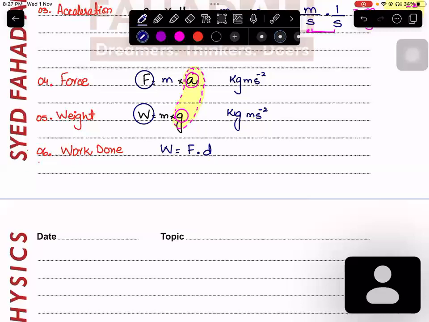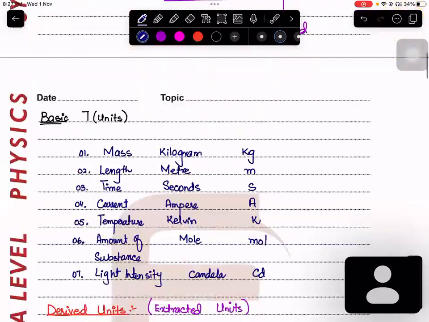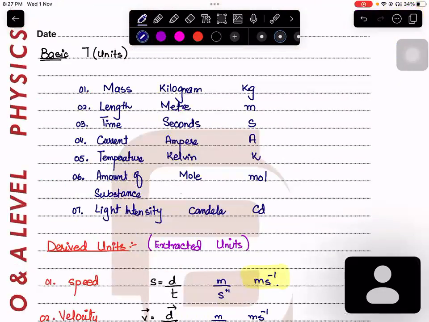But what we are doing here is finding the unit of the quantity in terms of the 7 quantities which were labeled as basic quantities.